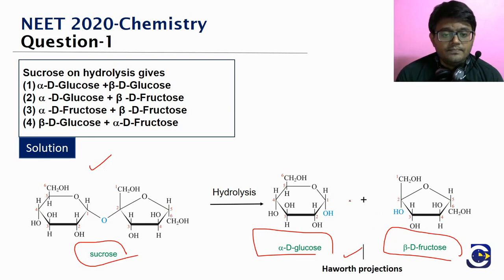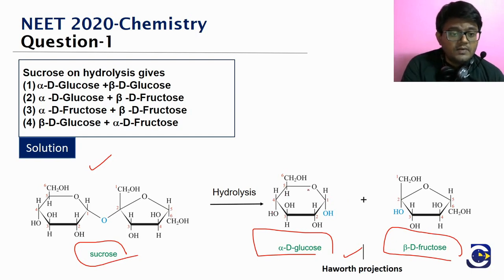Here, just for the differentiation between the alpha and beta anomers: for D glucose we have an alpha form and a beta form. Similarly for D fructose, we have an alpha form and a beta form. So what is the difference between the alpha and beta? We got our answer for this. It is alpha D glucose and beta D fructose.